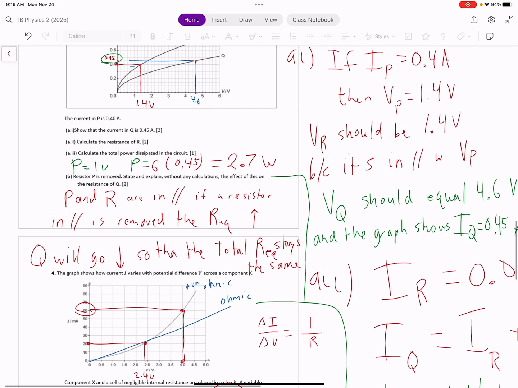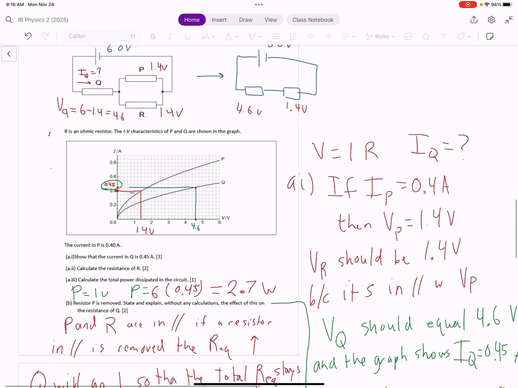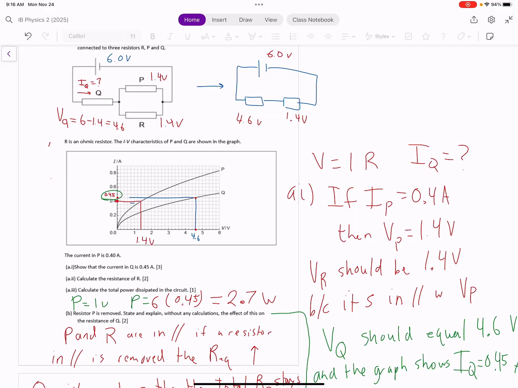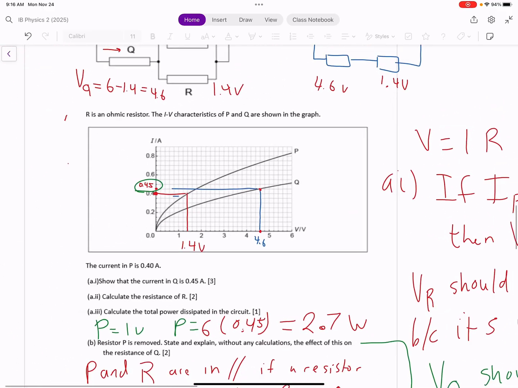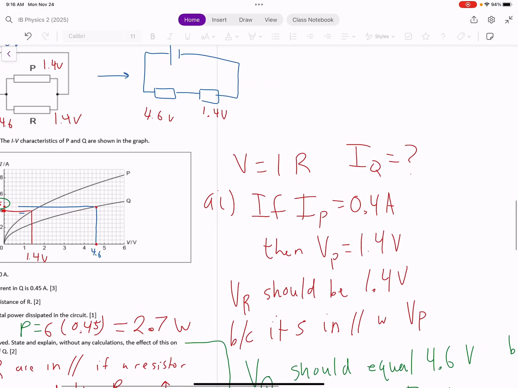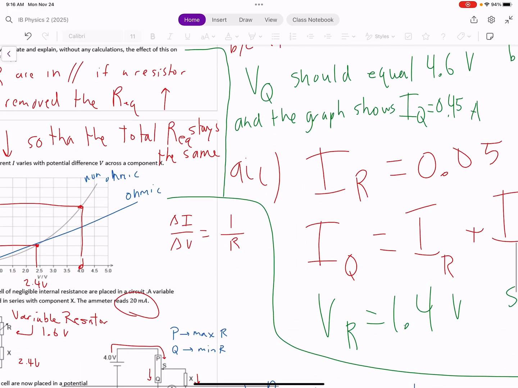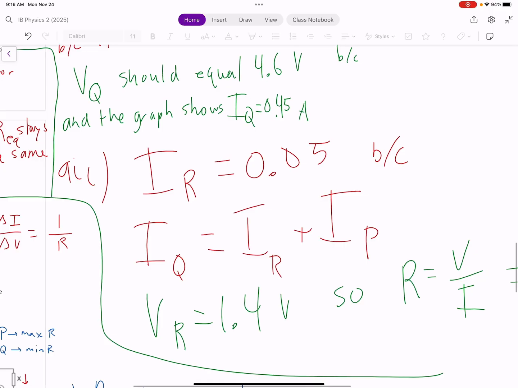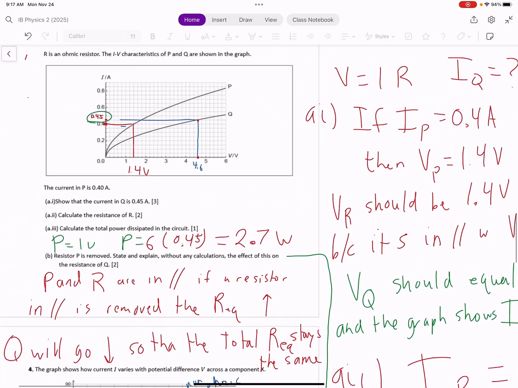Part 2, calculate the resistance of R. Okay, so we're going to use V equals IR here. I've shown my work here. I know that the current in R is 0.05. This was clearly stated in the previous question: if the current splits, the total has to be conserved.